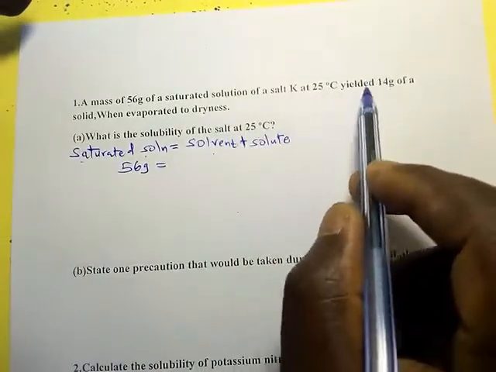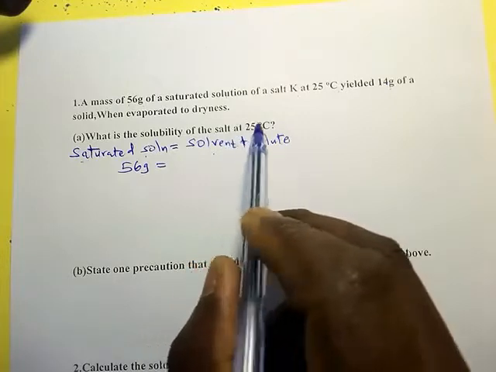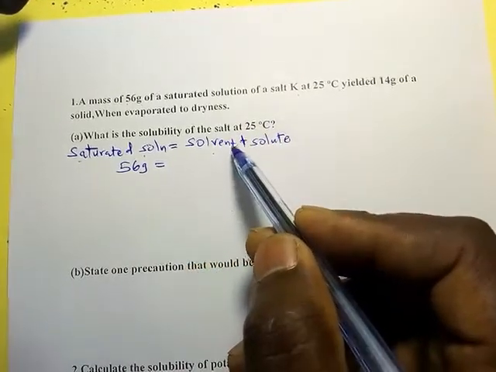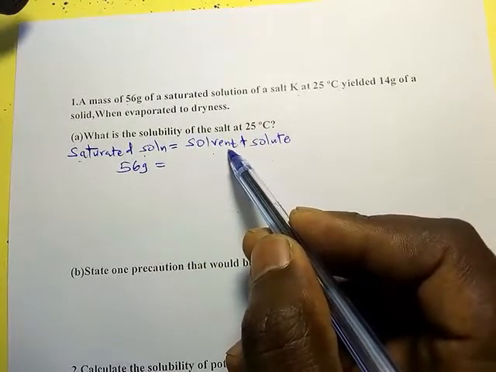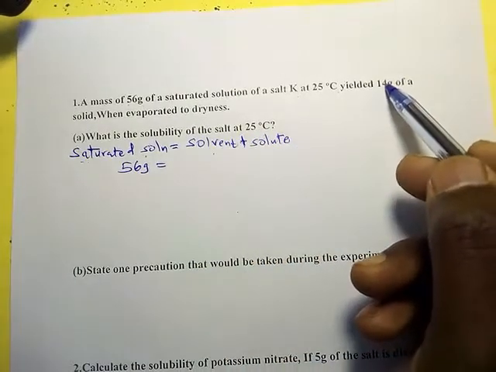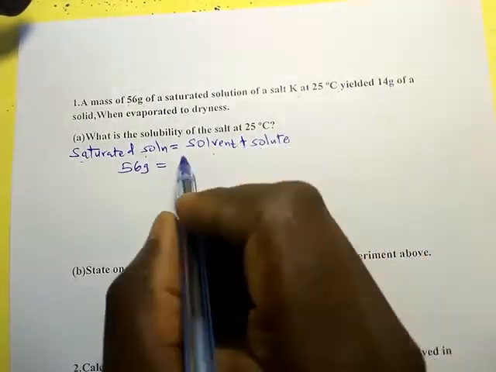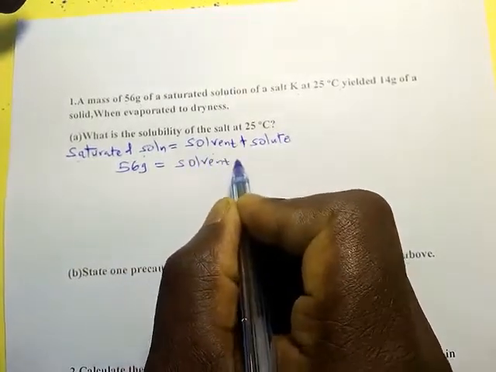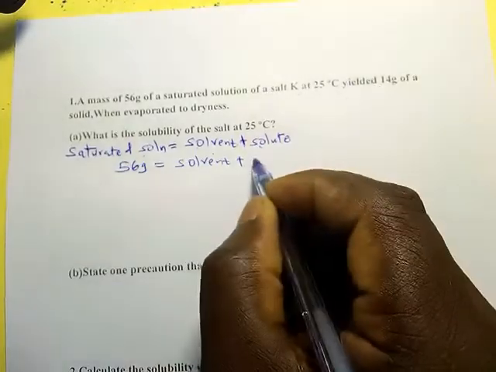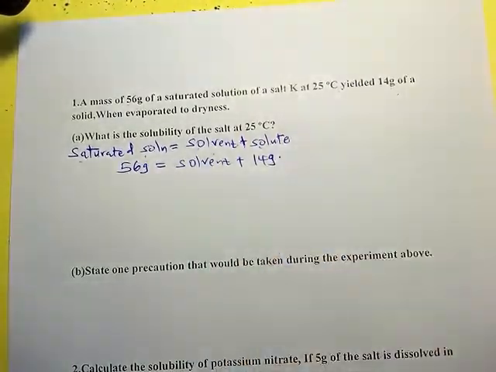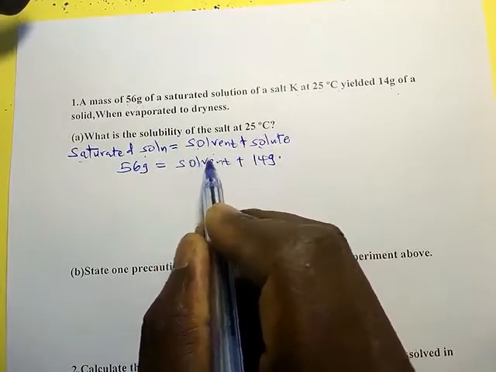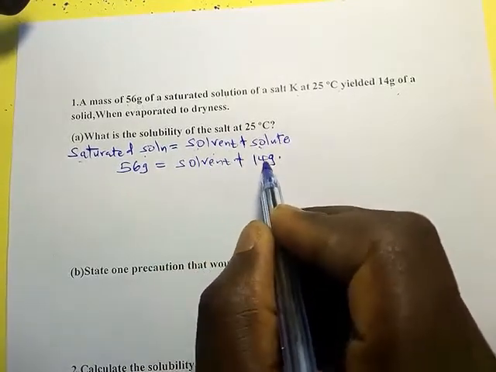So the mass of the solute that was dissolved in a certain amount of water, taking water as an example of a solvent, is 14 grams. We don't have the solvent, but we have the solute, 14 grams. But we can easily get the mass of the solvent by simple math.